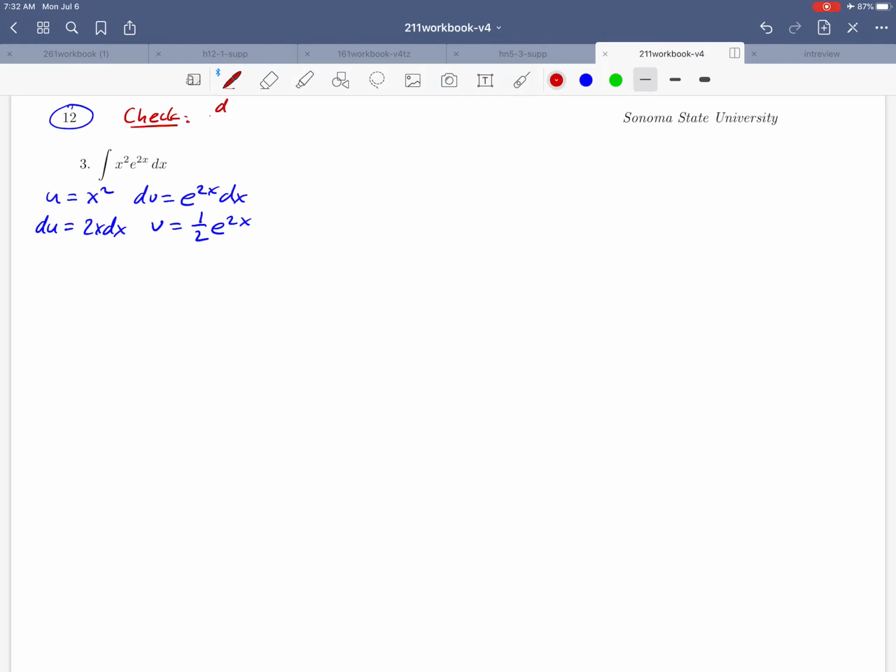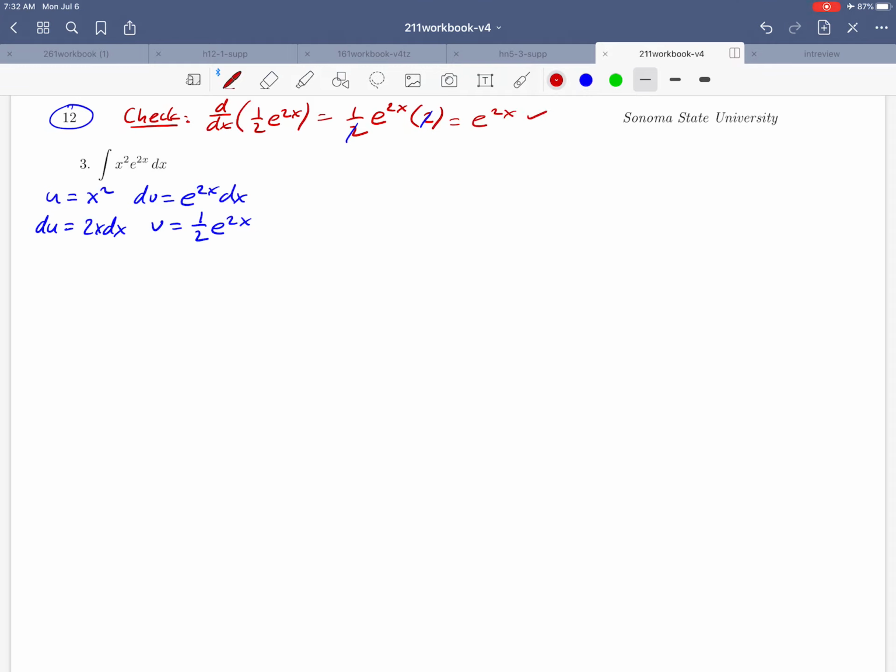If we take the derivative of the v that we just wrote down, notice what happens here. 1/2 is a constant that comes out, and then the derivative of e to the 2x by the chain rule is going to be e to the 2x times the derivative of the inside, which would be 2. And so the 2's cancel, and we get the e to the 2x that we wanted.